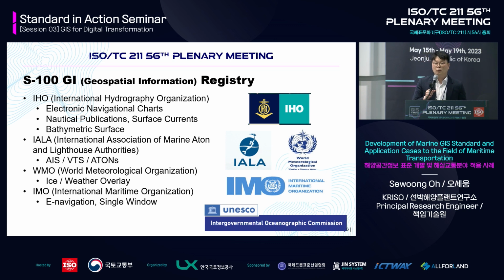And then there are other international organizations, IALA, International Association of Marine aids to navigation and lighthouse authorities, and then there's the World Meteorological Organization, and then the IMO, International Maritime Organization. IMO in particular deals with maritime organization, especially for disaster prevention and damage prevention.